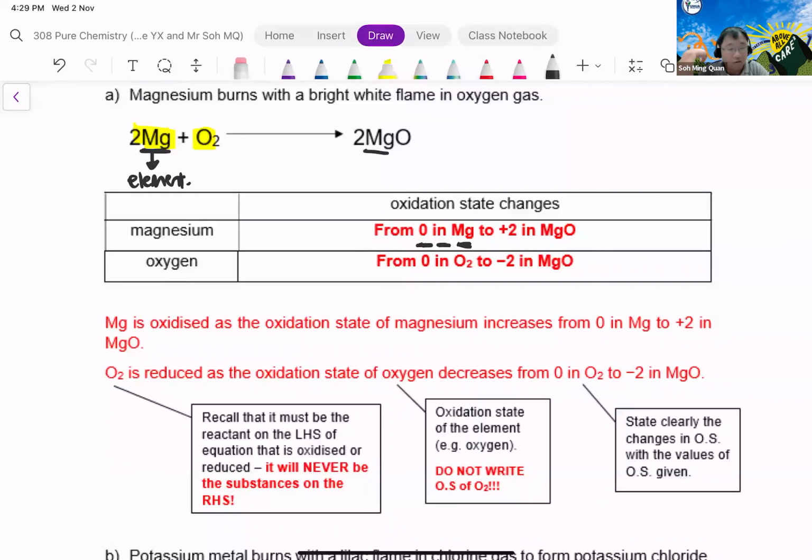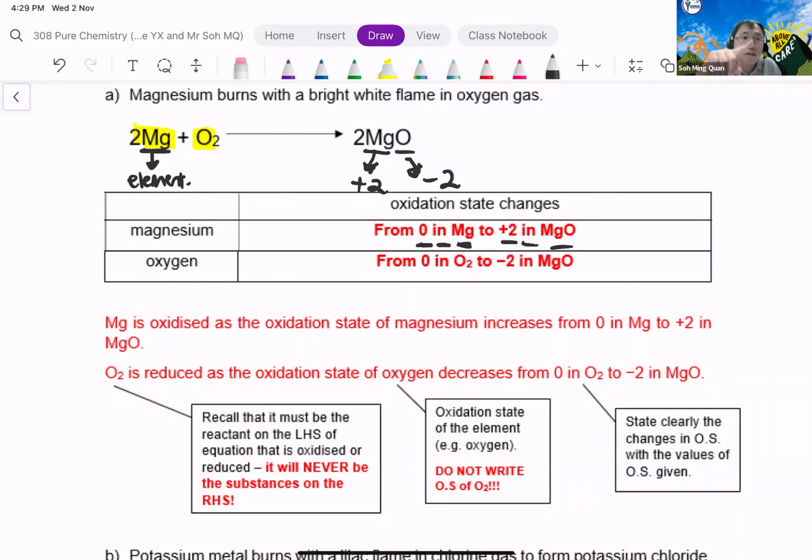At the end, it has been combined with oxygen to form magnesium oxide. That's a compound, so this is no longer an element. MgO is now a compound. So magnesium in MgO must be +2, because you know that oxygen is -2 in a compound. So magnesium went from 0 in Mg to +2 in MgO.